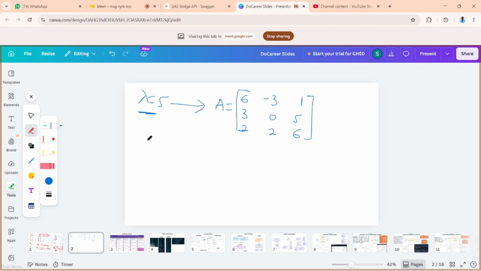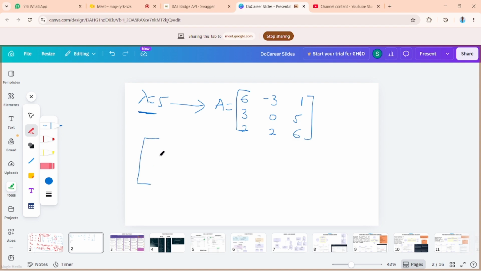Francis, yes. I'm getting negative 5x3 equal to 0. Do you have your matrix? Maybe you can mention it.